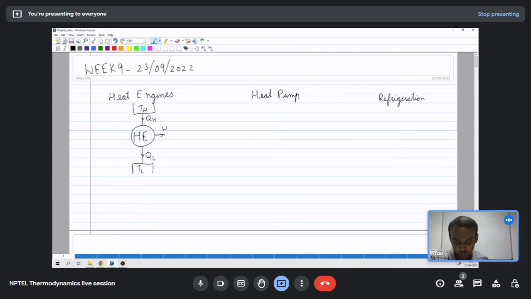So now if we do an energy balance using the first law of thermodynamics, we will get W as QH minus QL, and the efficiency is represented by desired output by input.